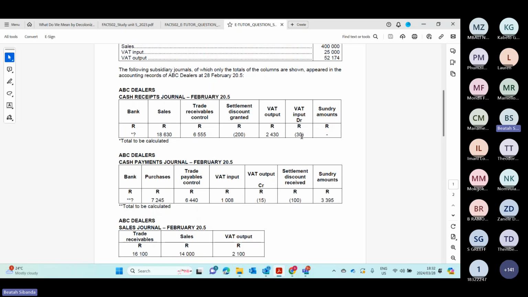So that is why we are debiting input, so that we reduce this output tax that we had declared to SARS. So anytime there is an adjustment that touches our output tax, to correct it, we need to debit input tax. And if it's in the input tax account and we need to correct it, then we are going to credit the output tax. So that is how we correct our input account.